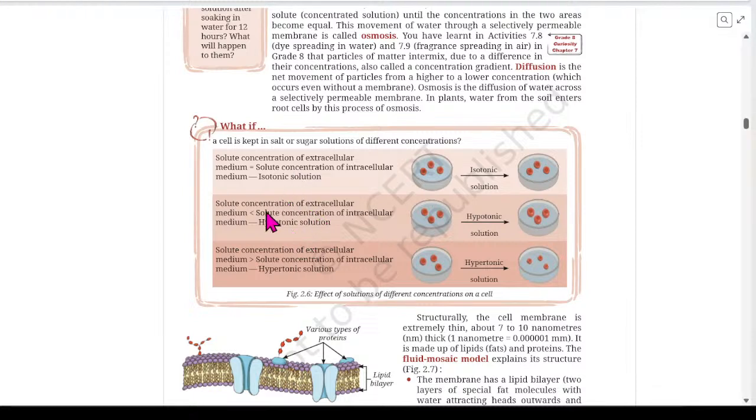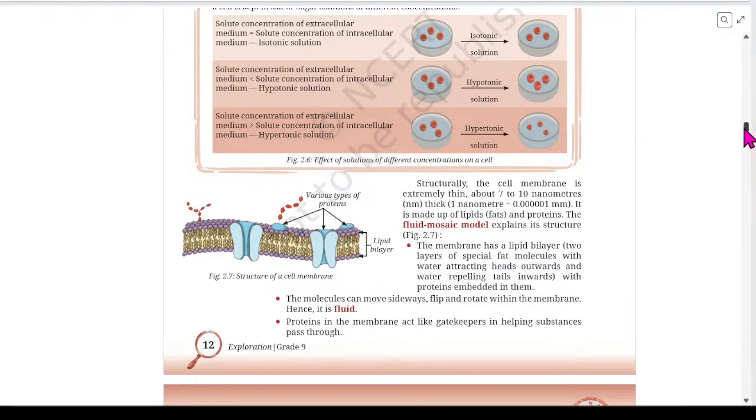Hypotonic is one in which the solute concentration of the extracellular medium is lesser than the solute concentration of the intracellular medium, whereas a hypertonic solution is one in which the solute concentration of the extracellular medium is greater than the solute concentration of the intracellular medium.